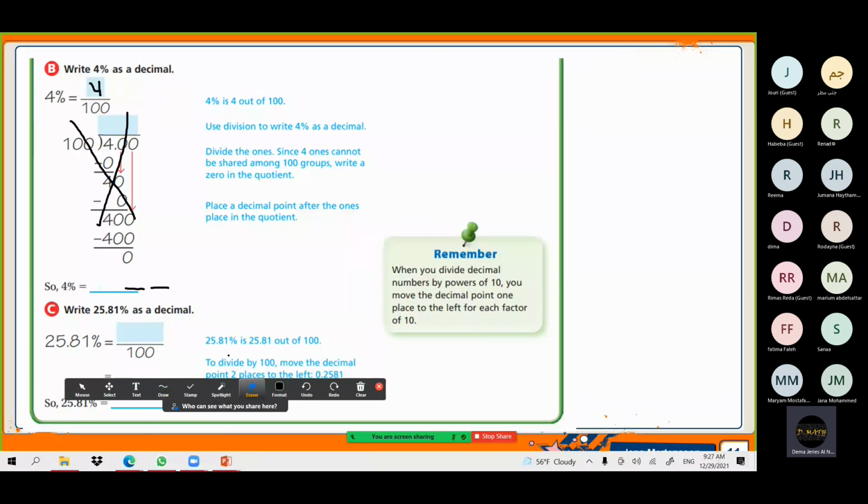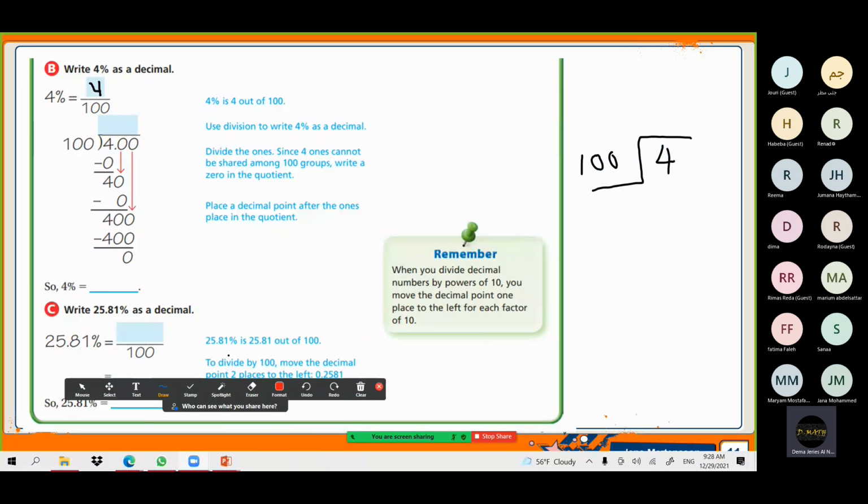But before that, let's do the division. Then I will give you the easiest one. Now, 4 divided by 100, I can't. I will add 0, then I will add a decimal point. Let's do it here. I will divide 4 over 100.